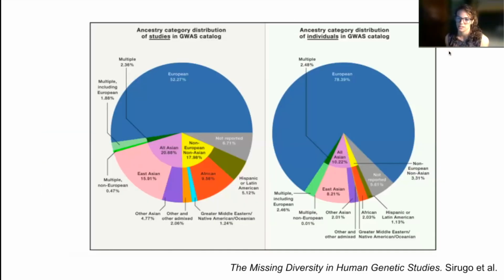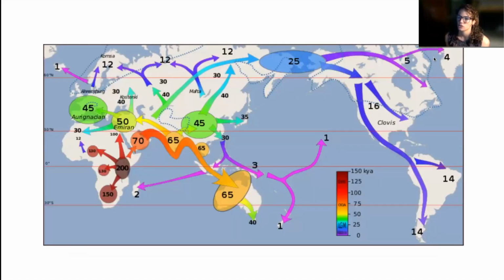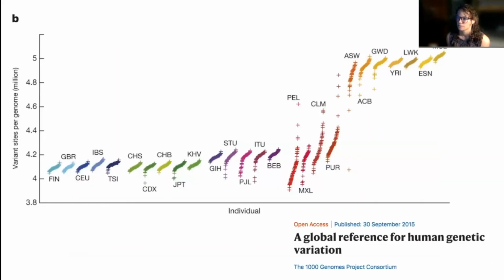One other additional challenge is that, due to the way humans migrated, starting in Eastern Africa, people of Eastern African descent have some of the most diverse genomes in the world, represented by this group of people, the X's in this graph.